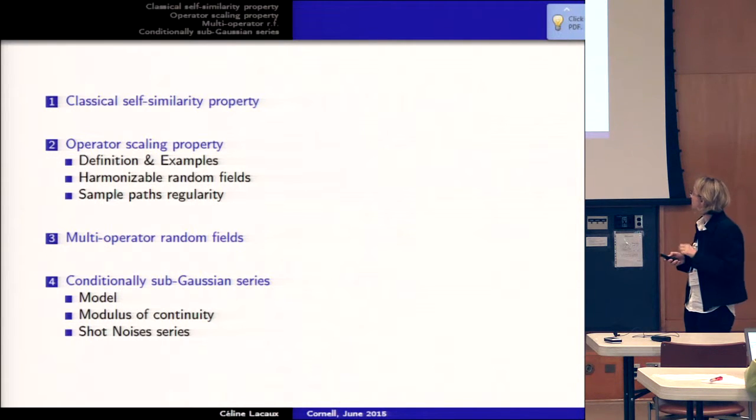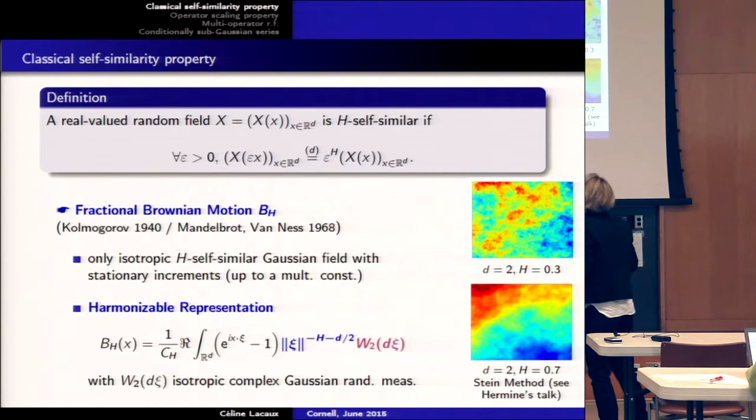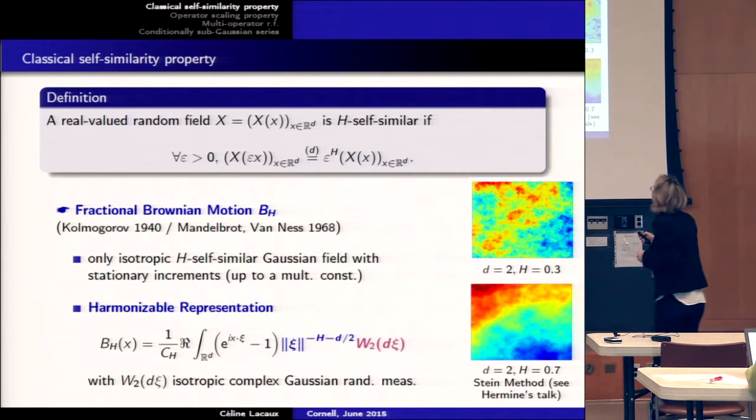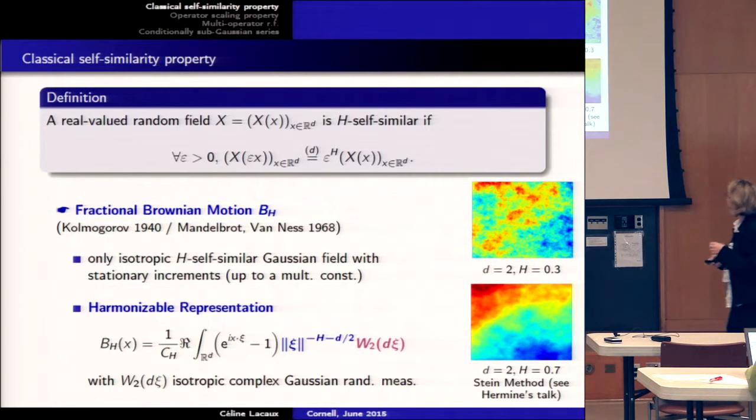The classical self-similarity property has already been presented by David. We have here the scaling driven by the parameter H, usually called the Hurst parameter. As David said, the most famous self-similar random field is the fractional Brownian motion.